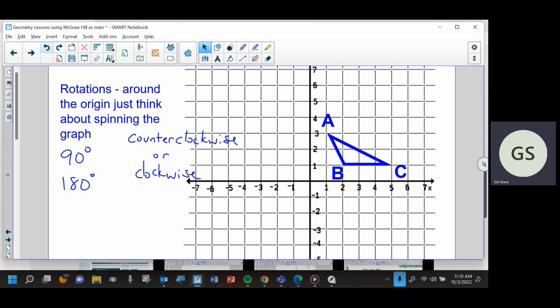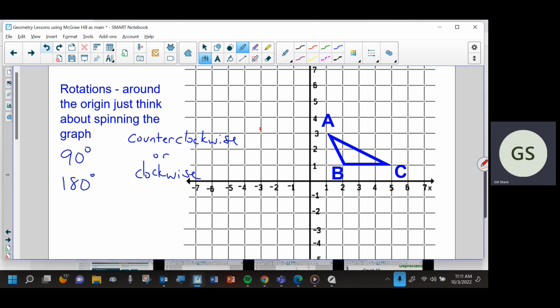What does 90 degrees mean, do you think, relative to a graph with 4 quadrants? Well, 90 degrees is a right angle, but when we're rotating something 90 degrees, it means something else. Tell me where you think that triangle is going to go. I'm going to use these abbreviations.